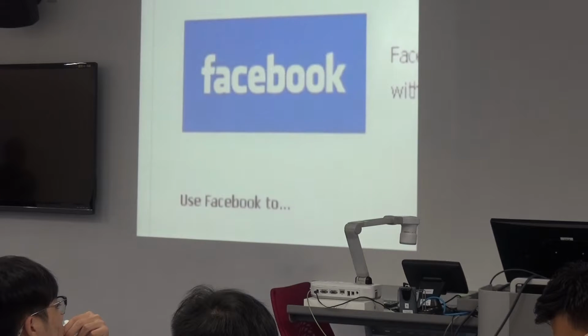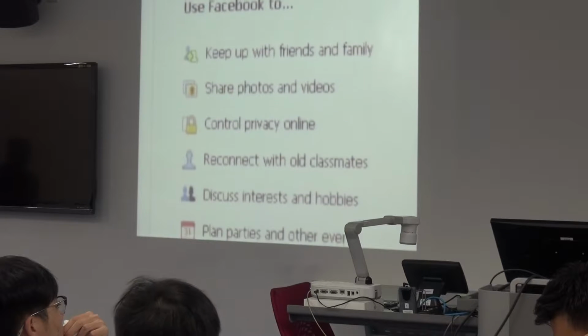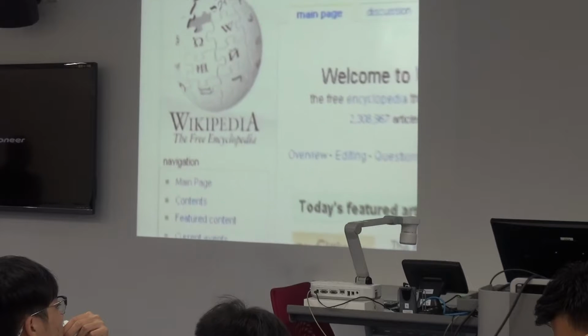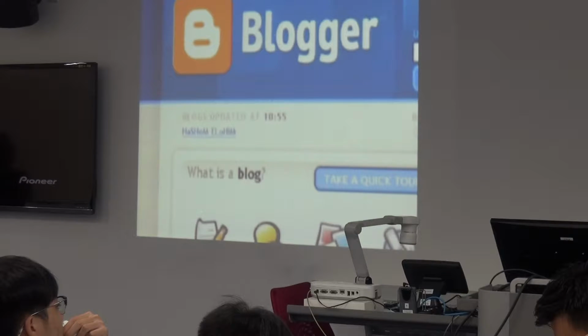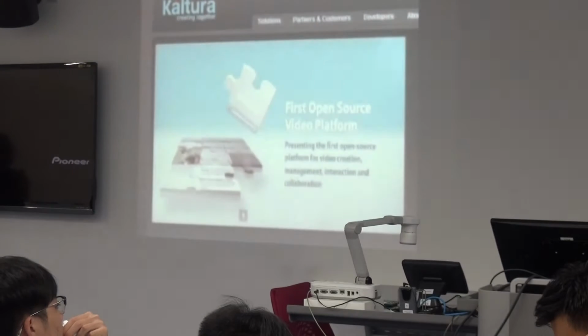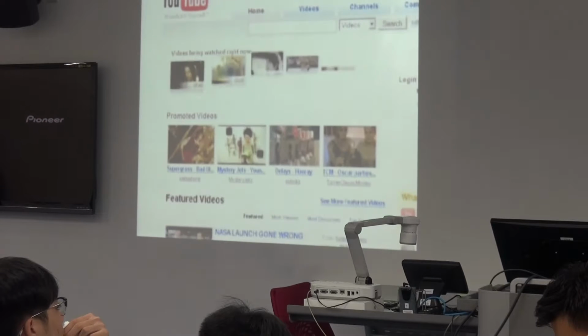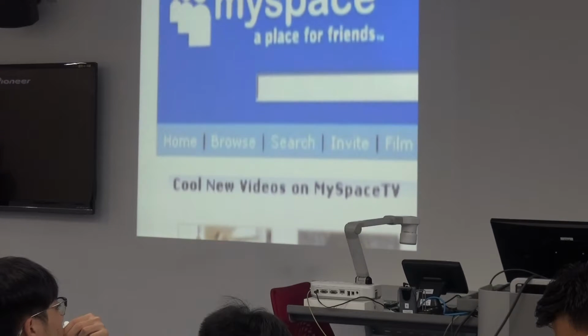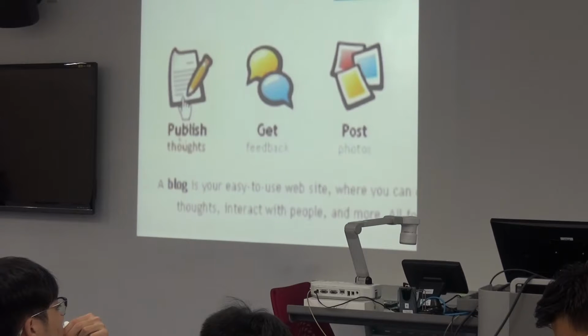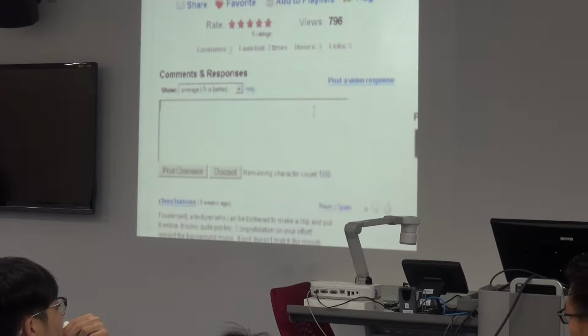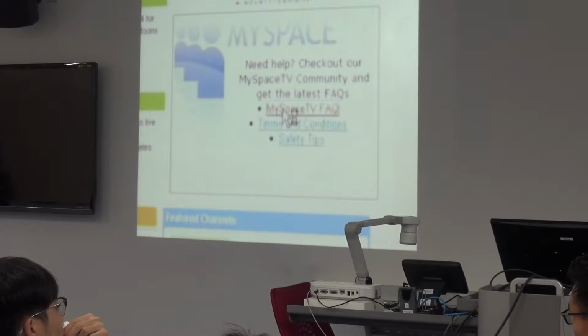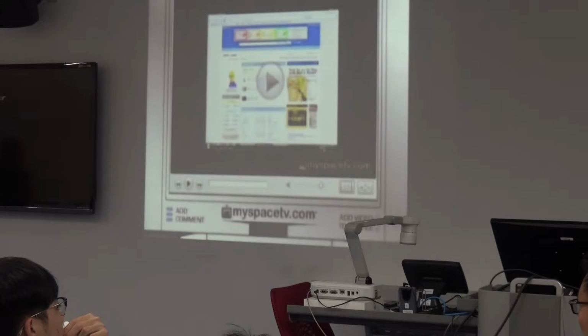Examples of these include Facebook and MySpace for social networking, Wikipedia, blog creation sites like Blogger, and video posts including Kaltura and YouTube. All of these sites allow anybody to add as well as to access content, to leave messages and comments, and to exchange digital media, including photographs and video.